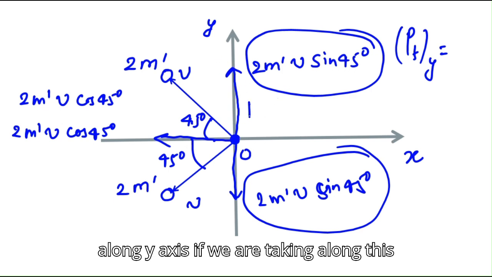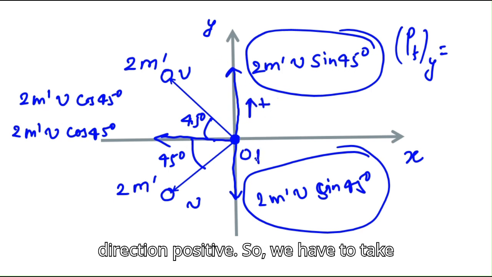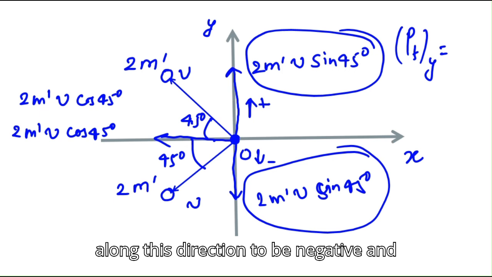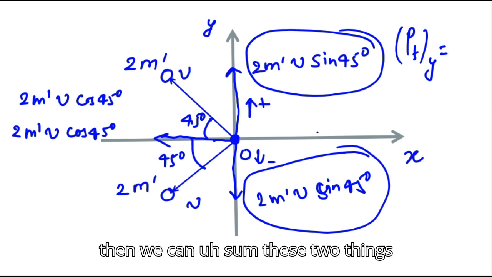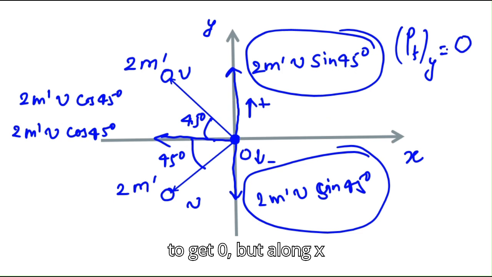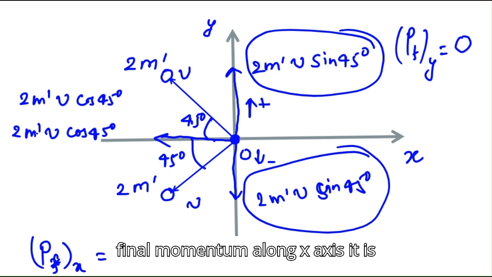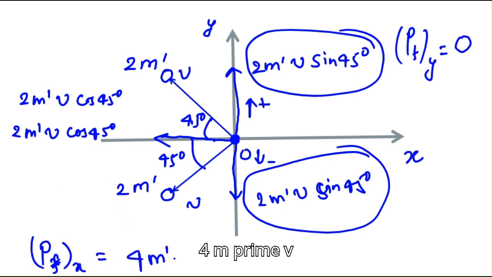If we take this direction positive, we have to take this direction negative, and then we can sum these two things to get 0. But along the x-axis, the final momentum is 4 m prime v cos 45 degrees.